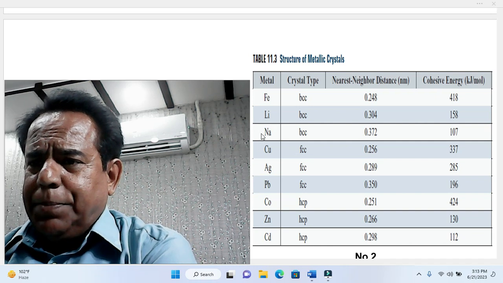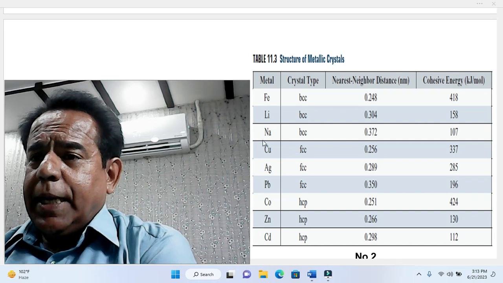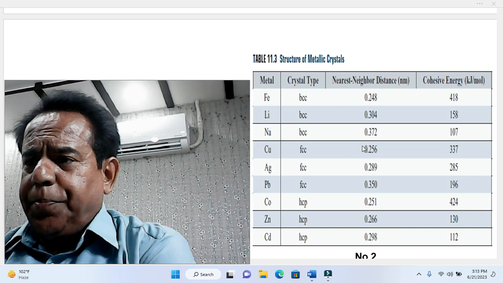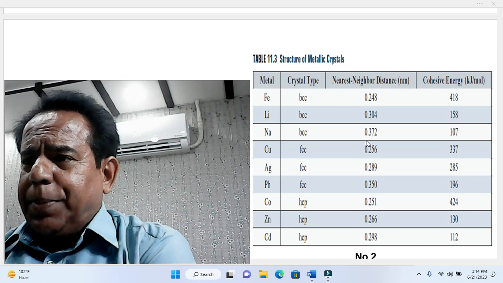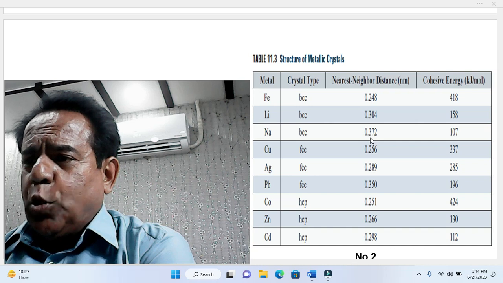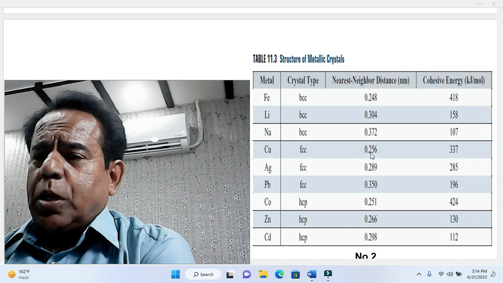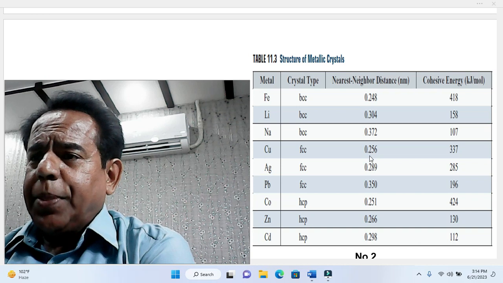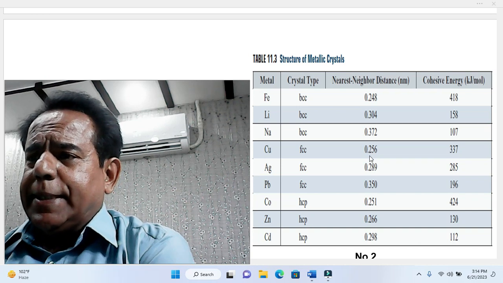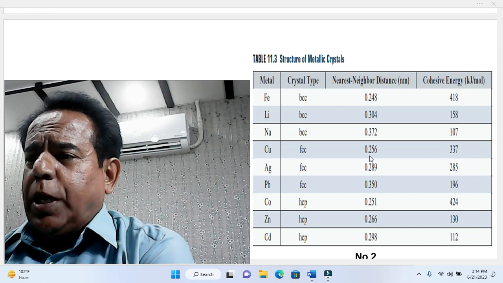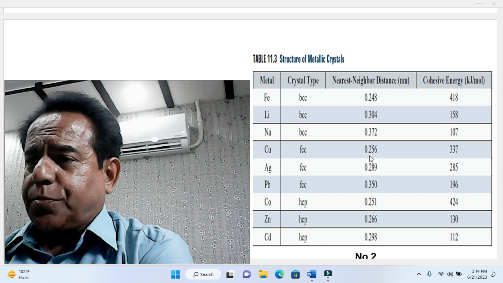Natrium and cuprum. For natrium, sodium, the nearest neighbor distance in nanometer is 0.372, while for copper, the nearest neighbor distance in nanometer is 0.256.